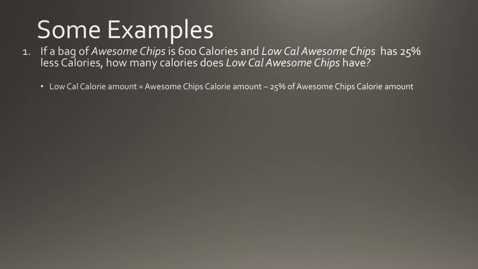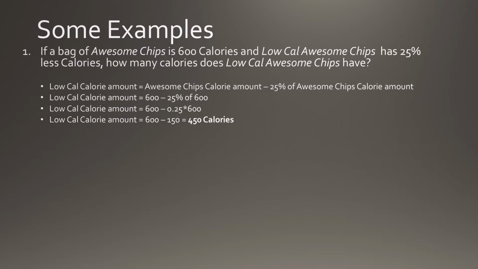This time it's going to be that the low-cal calorie amount is just the Awesome Chips calorie amount minus 25% of the Awesome Chips calorie amount. We plug in the values, we get 600 minus 25% of 600, which is just 0.25 times 600. So really that's 600 minus 150, which is 450 calories.